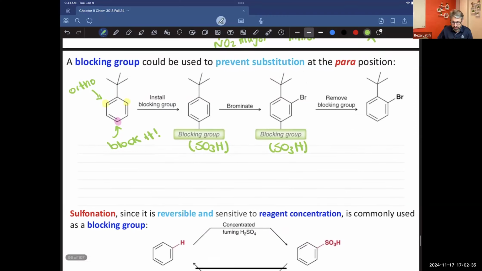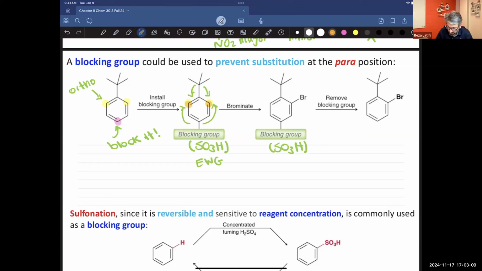The only position that is available will be ortho relative to the electron donating group. The alkyl group is favoring the ortho position, and SO3H is an electron withdrawing group. An electron withdrawing group will favor the meta position. So I'm going to say the SO3H will favor that spot. That's fantastic. Both of them are technically pushing to the same spot.